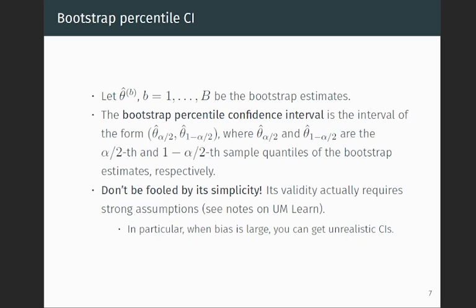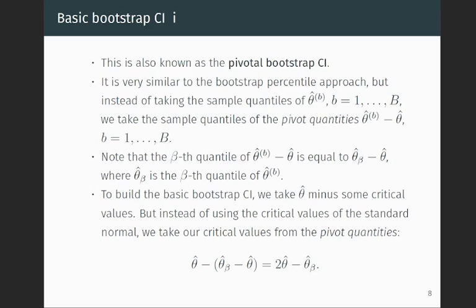In particular, when the bias is very large, you can get unrealistic confidence intervals. So when there's a lot of bias, a lot of skewness, this Bootstrap percentile confidence interval is not really valid. Okay, so those were the first two, and then let's look at the third one before jumping to an example.